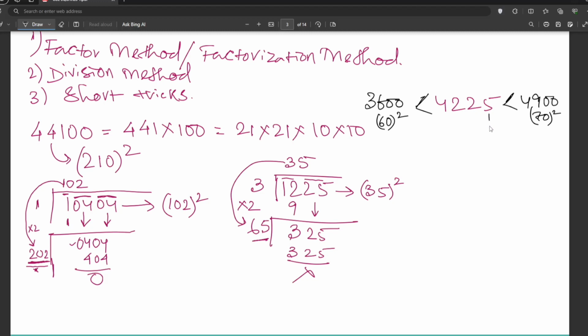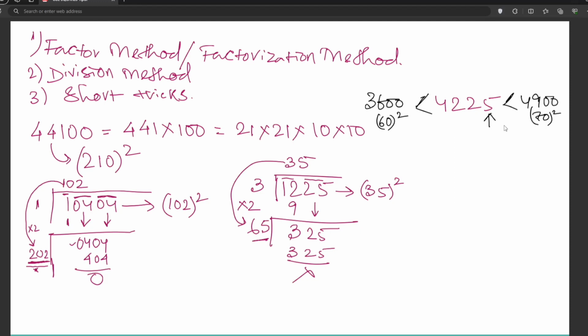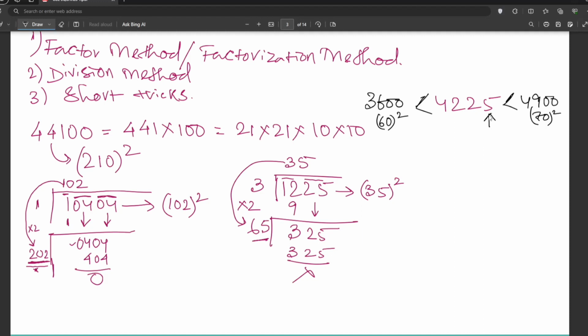Now this is our unit digit, and we get 5 when we multiply 5 by 5. So this will be 5, and the first two digits, this is 42, and we get 42 by 6 into 7.